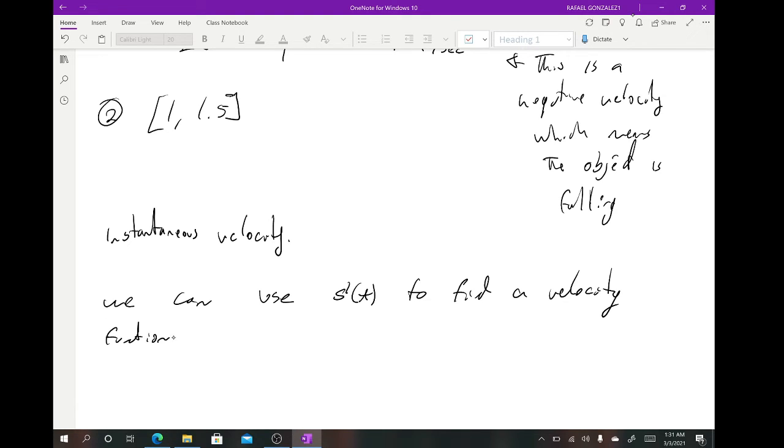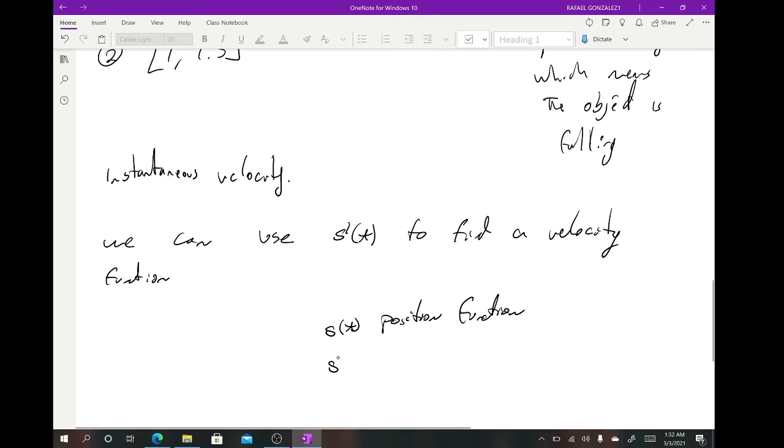whereas s of t was a position function, s prime of t, its derivative, is a velocity function. And oftentimes, instead of writing s prime of t, you may see this as just v of t.